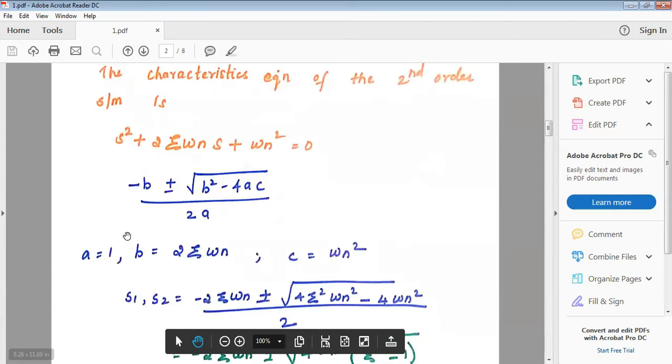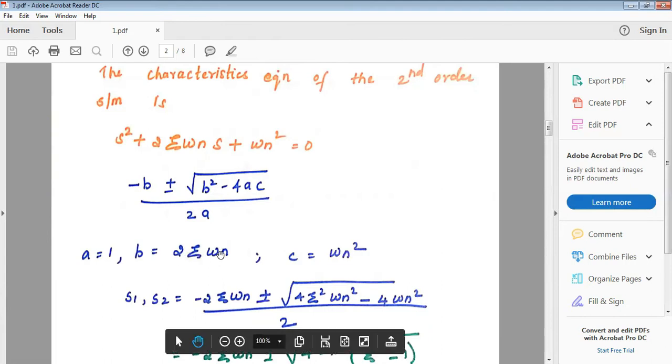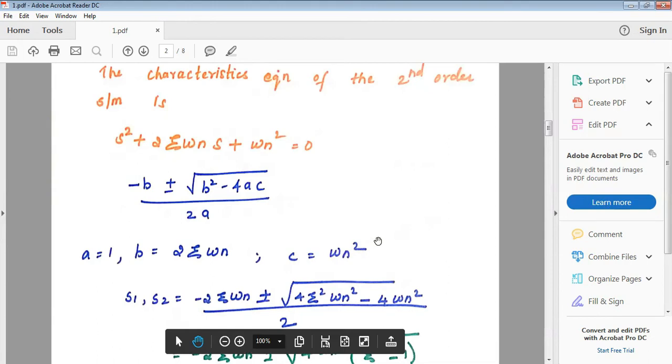For minus b we substitute minus 2 theta omega n, plus or minus root of b square, that is 4 theta square omega n square, minus 4 into a equal to 1 into c equal to omega n square, divided by 2 into a equal to 1.